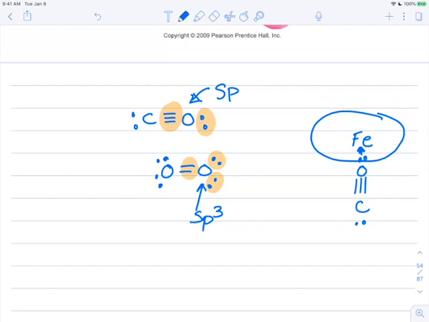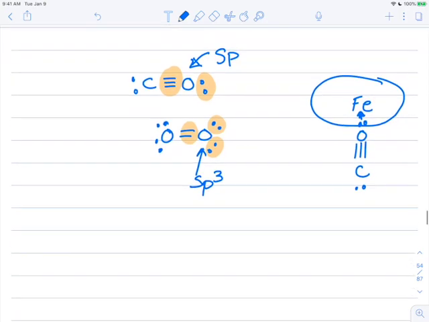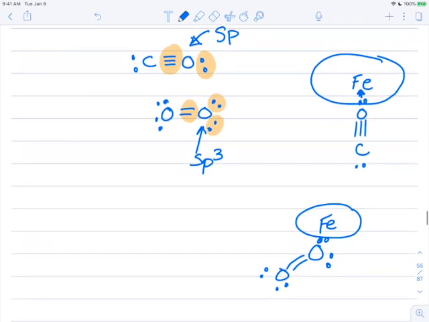And when the CO flies in, what we see is a nice direct connection because we have a linear molecule based on the sp hybrid orbitals. But for the O2, we actually have kind of a sideways bond, because this is an sp3 molecule. So the O2 is not bonded as directly or as firmly as the carbon monoxide.